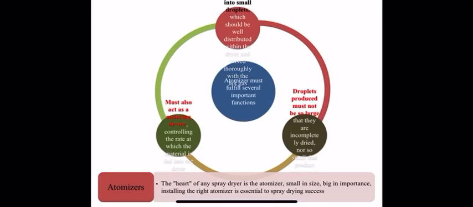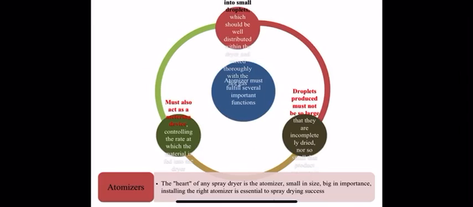The droplets produced must not be so large that they are incompletely dried, nor so small that product recovery is difficult. If the particles being produced are larger in size, the drying rate will be lower, so the product may be inefficiently dried.